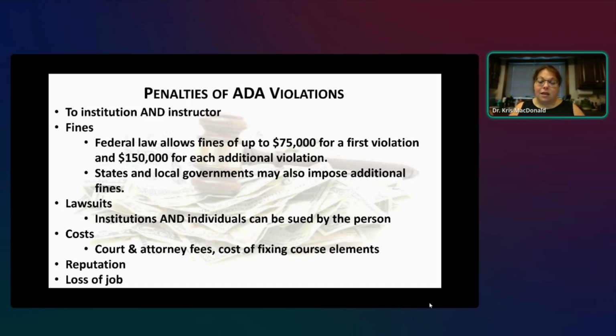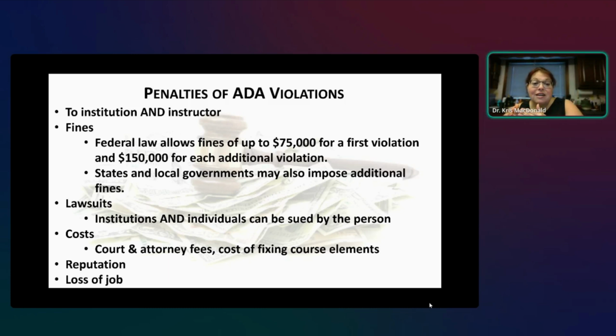And ADA is the Americans with Disabilities Act is what most people know it as. But yeah, there is no wiggle room for the first oops. It's an immediate $75,000 that can be to the institution and to the instructor, or one or the other, federally.